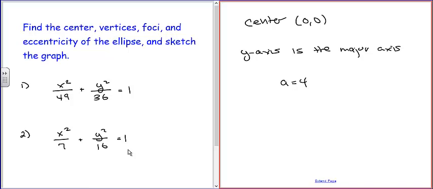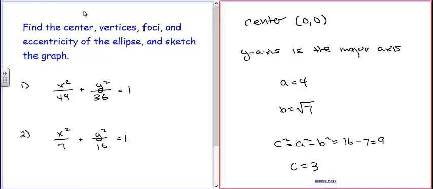So a is going to be 4, square root of 16. b is equal to the square root of 7. And c squared is a squared minus b squared. So that's 16 minus 7, which is 9. So c is 3.